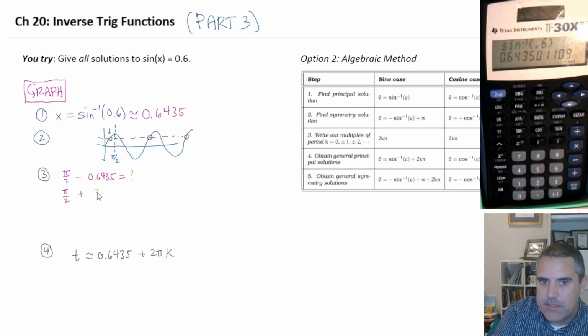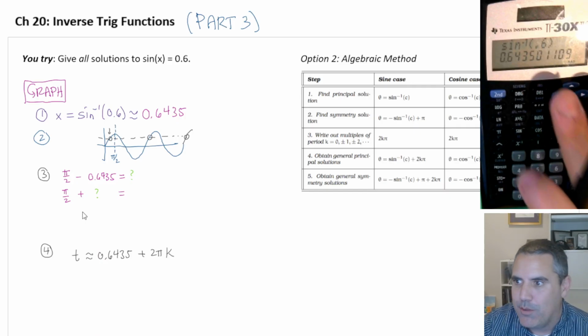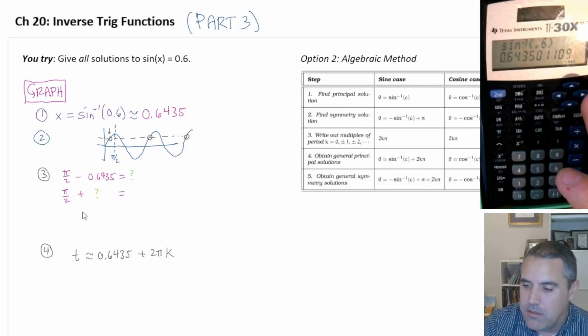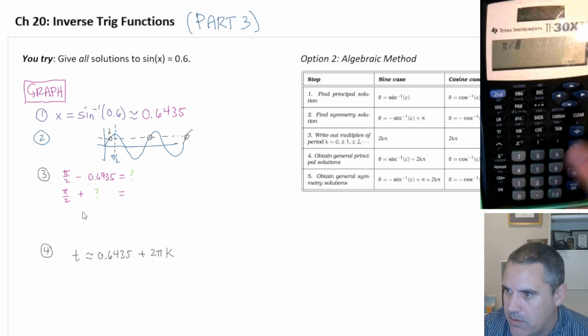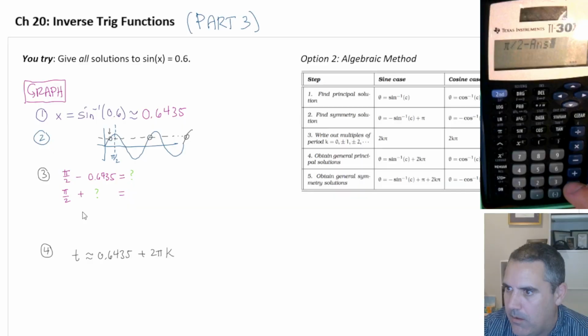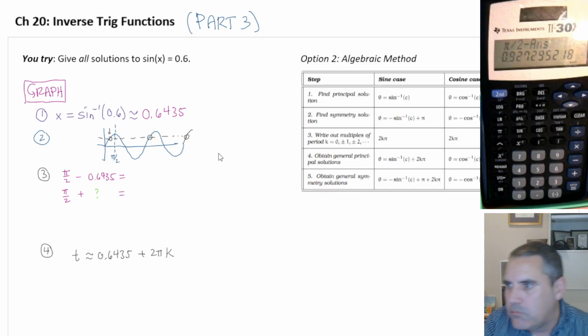Now there's little shortcuts I could give you, but I like to give you the way that I remember it in my hopes that you can remember it too. So anyways, that's the answer I have in there, 0.6435. And so I need to do pi over 2 minus that. So I'm going to type pi divided by 2 minus that answer we just had. Done. So that little gap between them is 0.927295.